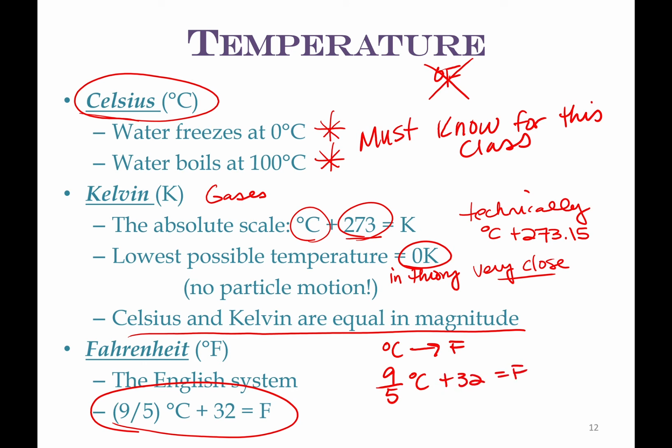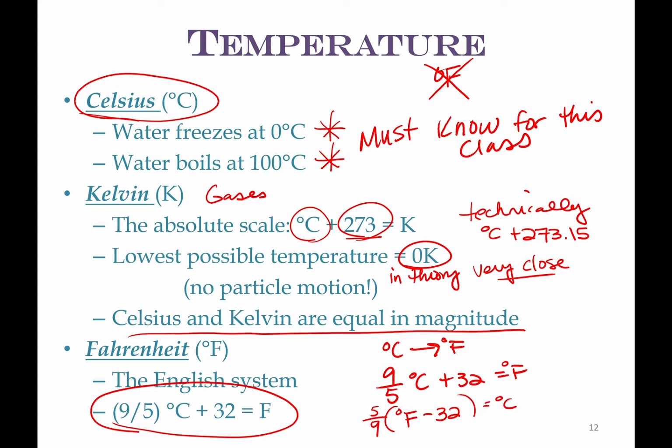Some people, like maybe, I don't know, me, keep their car in Celsius and make people convert. Haha. But if you want to go from Fahrenheit to Celsius, you've got to remember your algebra. So we would take the Fahrenheit degree, subtract 32, and multiply by the inverse, so we would multiply by 5/9. So isn't that fun to get to degrees Celsius?